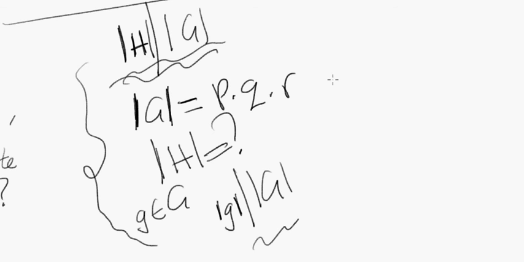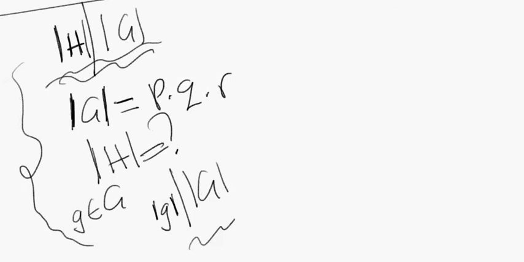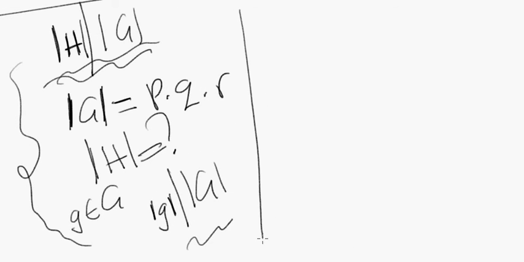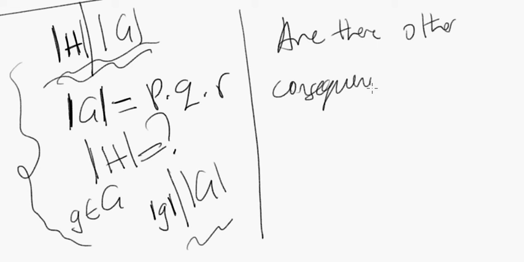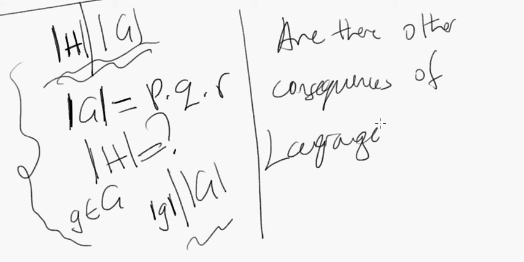So far that's what we've been doing. And then a natural question: are there other consequences of Lagrange's theorem? Could you think of other consequences? What does it lead us to?